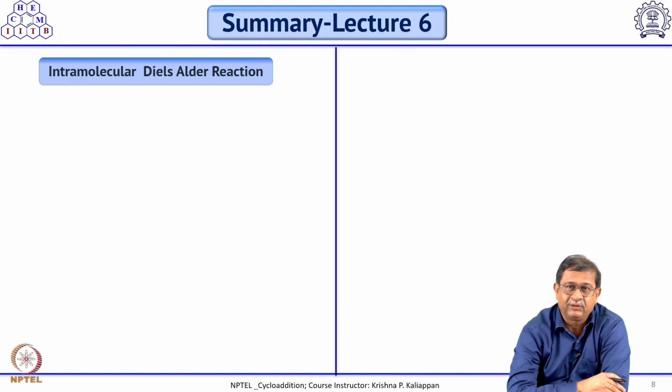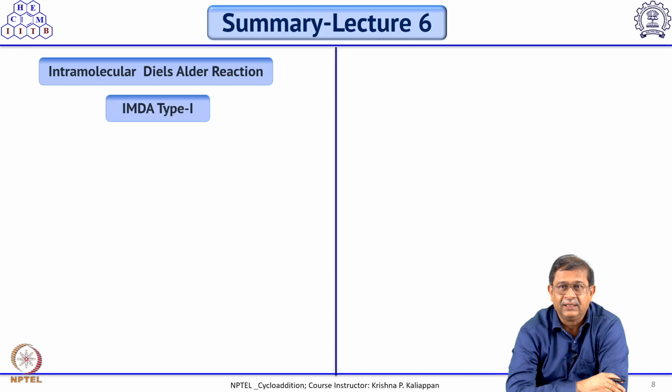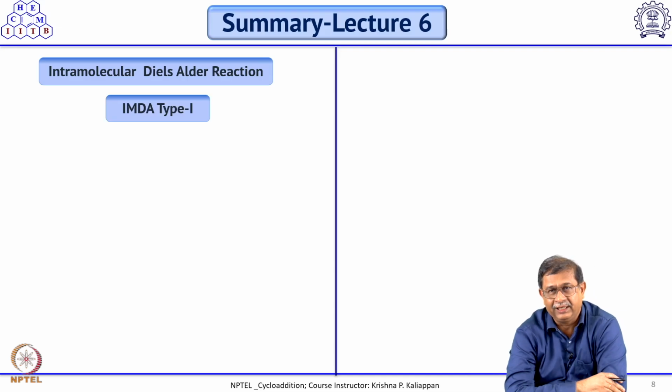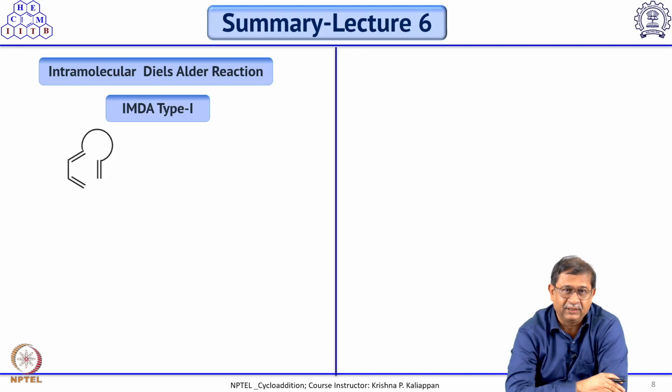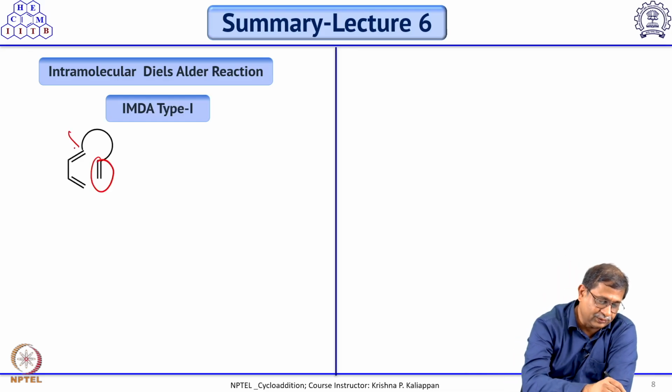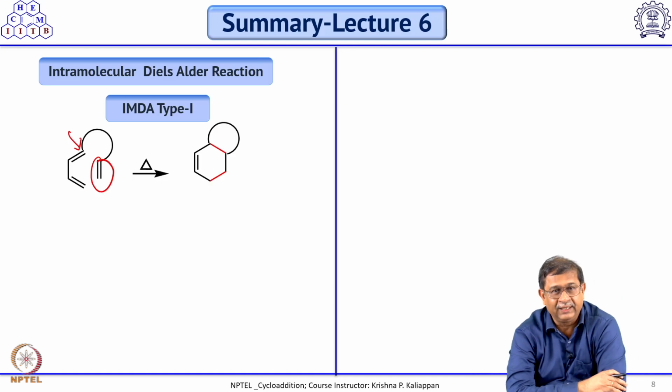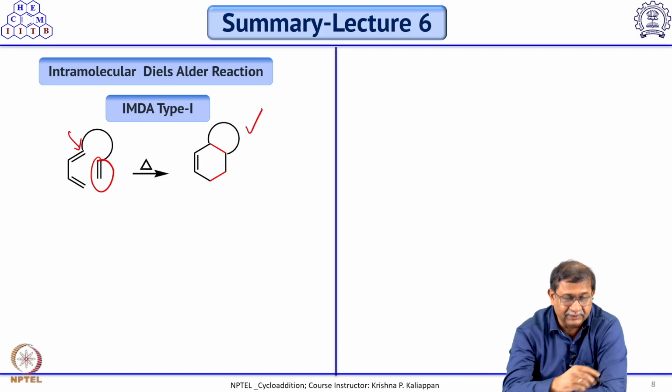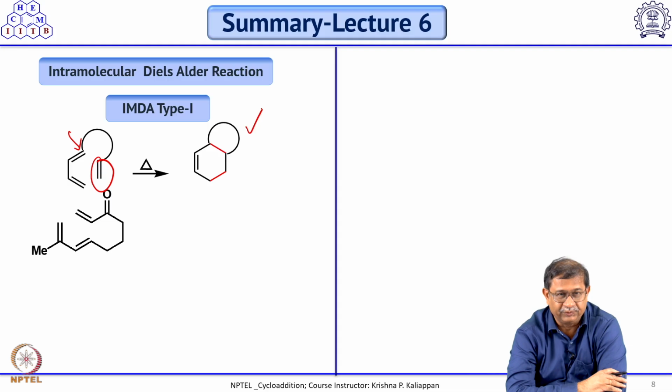Then in lecture number 6, we talked about what is intramolecular Diels-Alder reaction, what are the various types of intramolecular Diels-Alder reaction like IMDA type 1 and IMDA type 2, and in this particular lecture we talked mainly about IMDA type 1, where the dienophile is attached to carbon number 1 of the diene, so that gives the fused bicyclic compound.